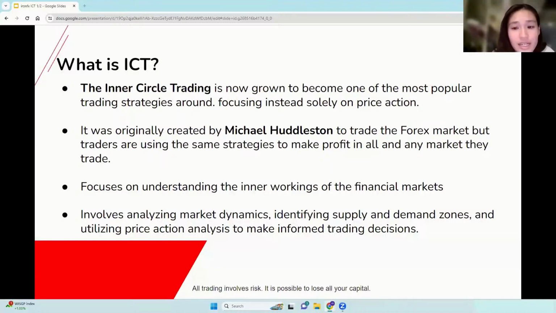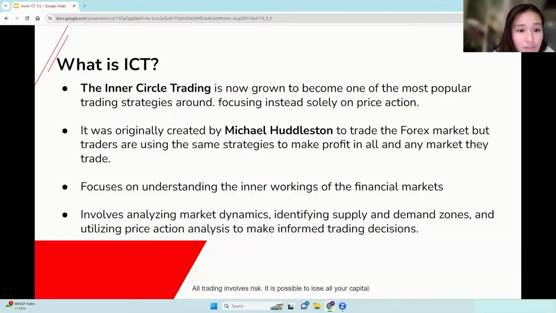So it involves analyzing market dynamics, identifying supply and demand zones, and utilizing price action analysis to make informed trading decisions. So it has now grown to become one of the most popular trading strategies around, focusing solely on price action. And it was originally created by Michael Huddleston to trade the Forex market, but currently traders are using the same strategies to make profit in all and any market that they trade.